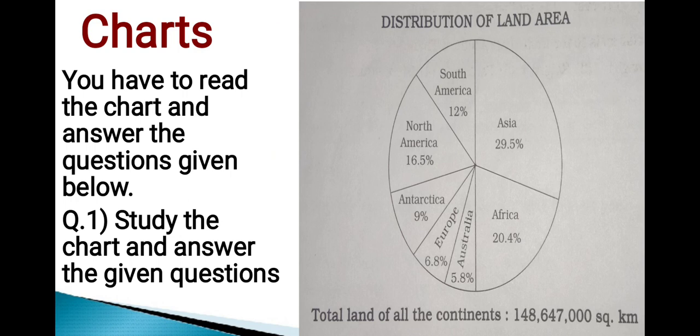Africa acquires 20.4%. Australia 5.8%. Europe 6.8%. Antarctica 9%. North America 16.5% and South America 12%. Now we have to find out the answers of the questions based on this chart.